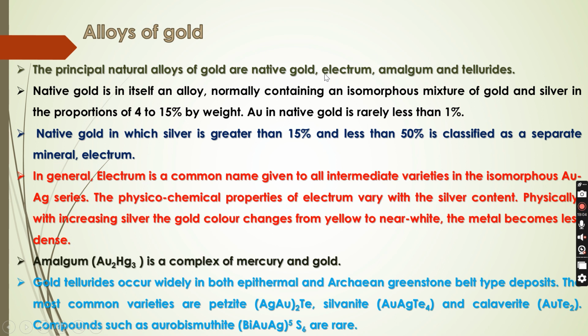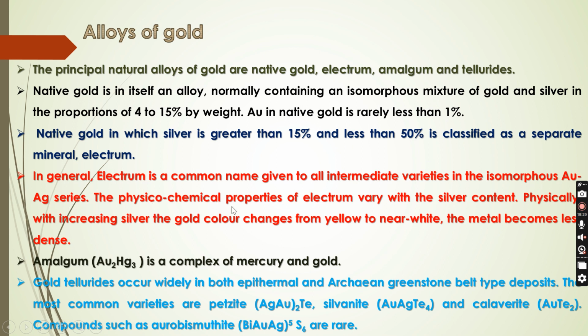So after native gold, we have talked about electrum. When 15 to 50% silver is present in native gold, that will be classified separately as electrum. In general, electrum is a common name given to all intermediate varieties in the isomorphous series between gold and silver.